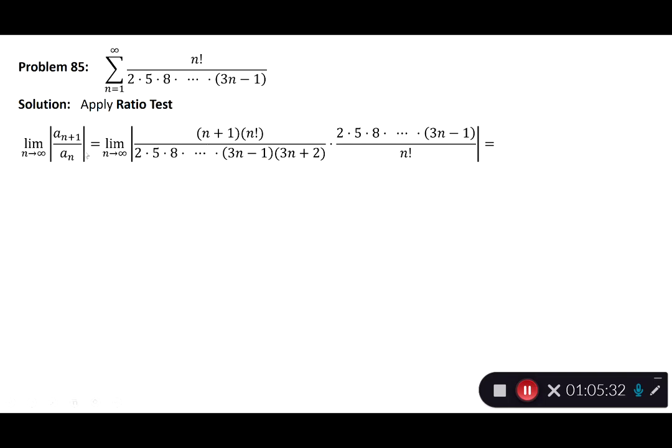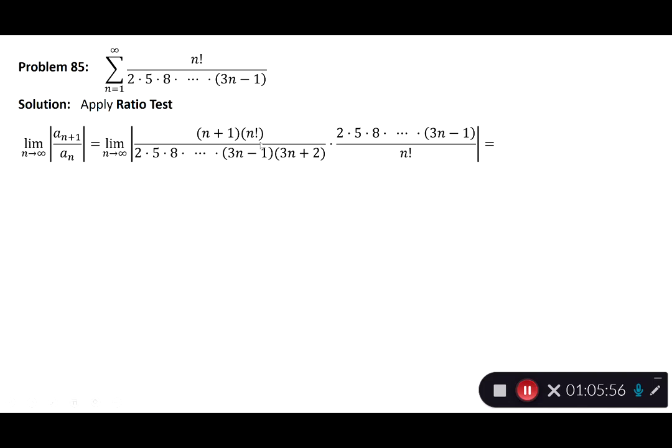And divide by a sub n, I'm multiplying by the reciprocal. So lo and behold, what happens is a whole bunch of terms cancel. 2 cancels out with the 2, 5 with the 5, 8 with the 8, 3n minus 1, all the way up to 3n minus 1 with the 3n minus 1. So all these things go away, and all these things go away, just leaving 3n plus 2 here.